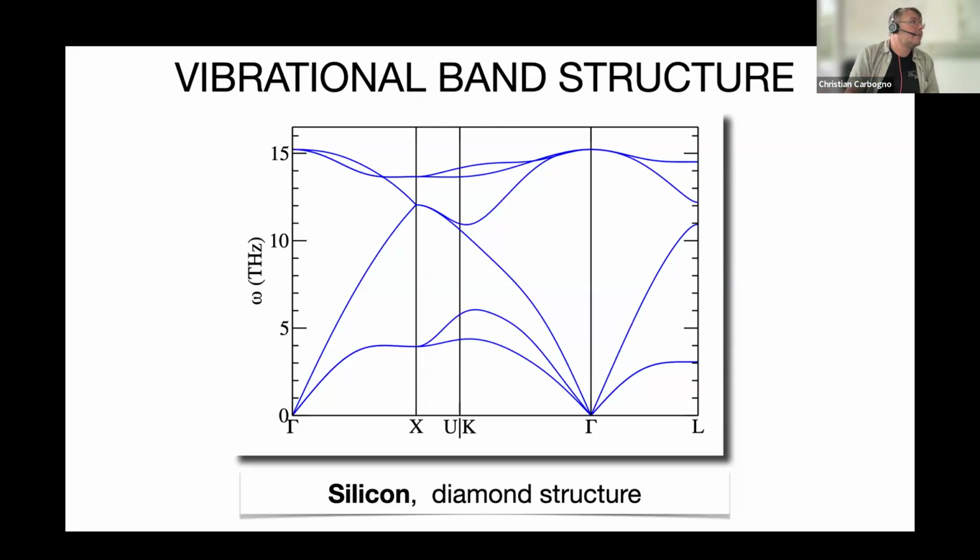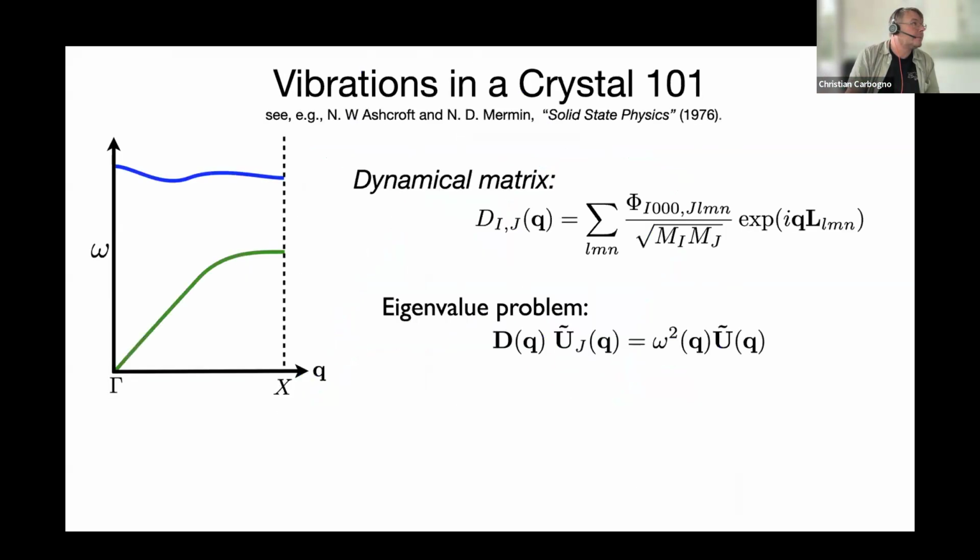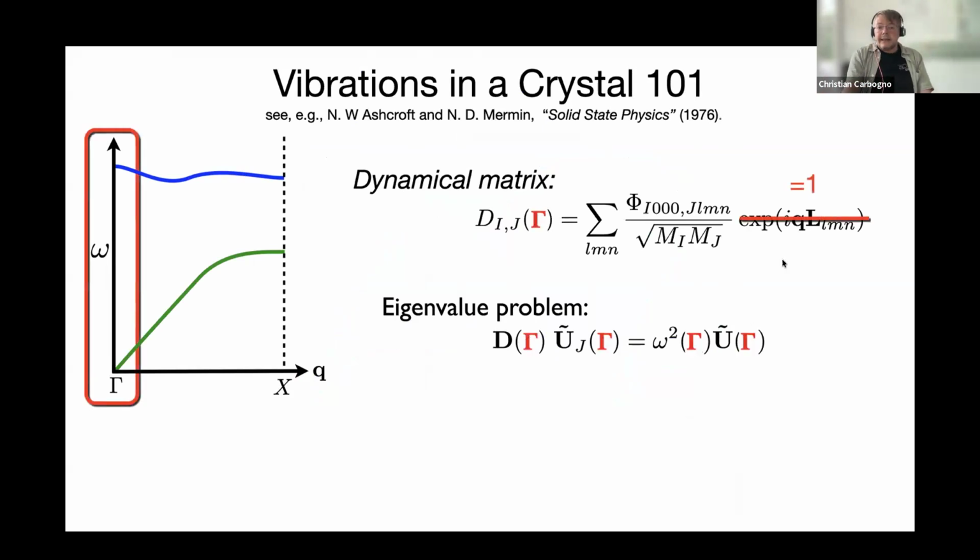So let me go back maybe to explaining it where I had the sketch for it. Let's go back here. I think that was it. So if we look at gamma, the phase factor in here, Q means gamma is Q equals 0.